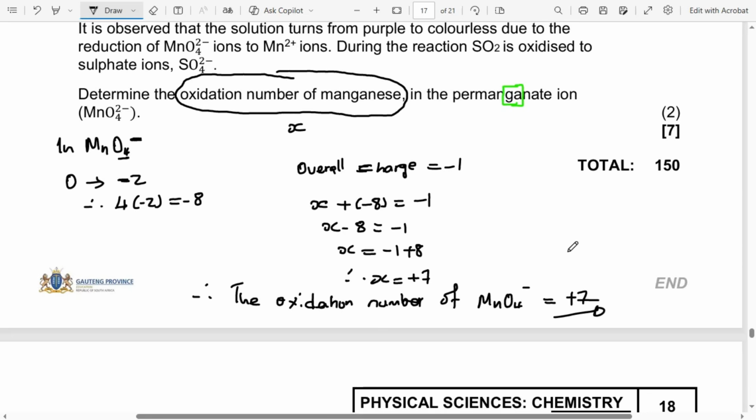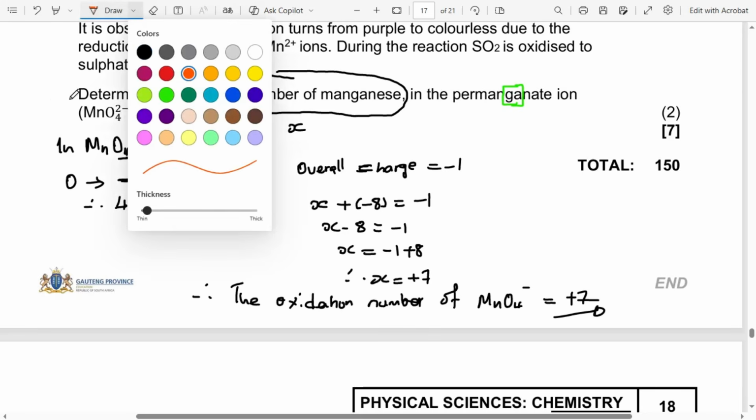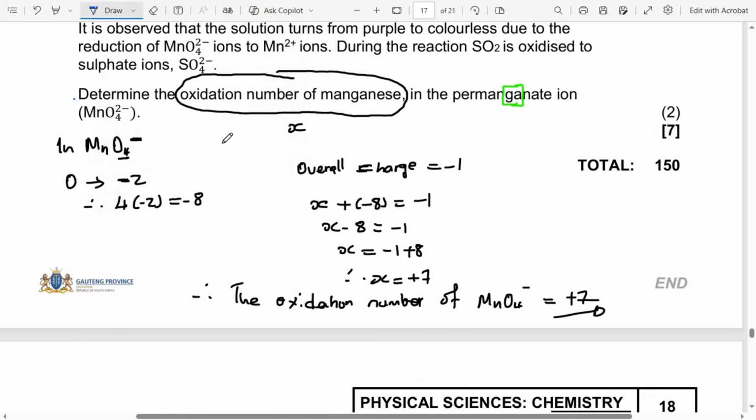Okay, maybe someone will prefer to use the one that is given here. Let's work with that one and see if we get the same answer.